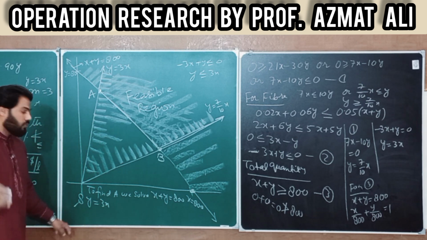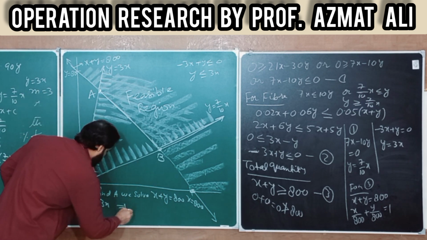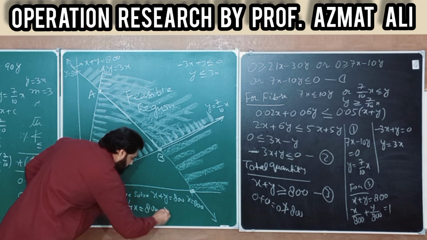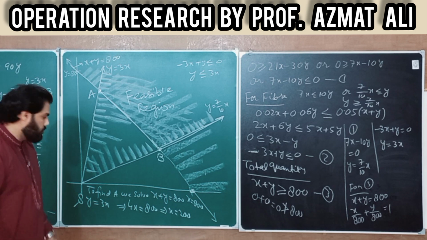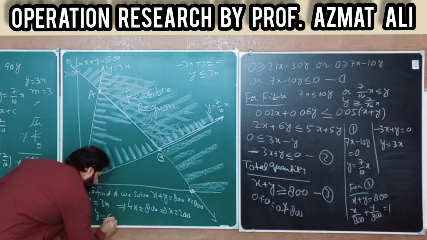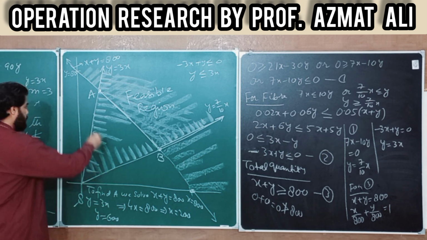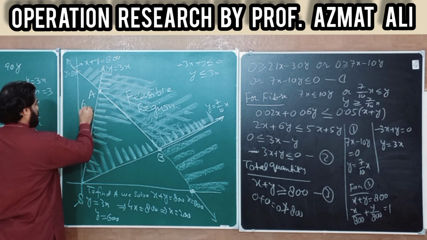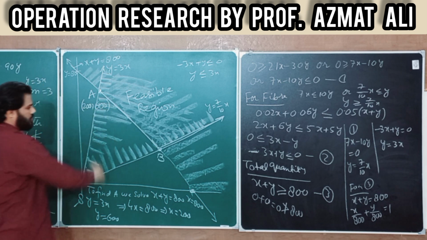By putting y equal to 3x in this equation, it becomes 4x equal to 800, so x is equal to 200. By substituting x equal to 200, our y will be 600. So one corner point, A, is x equal to 200 and y equal to 600.